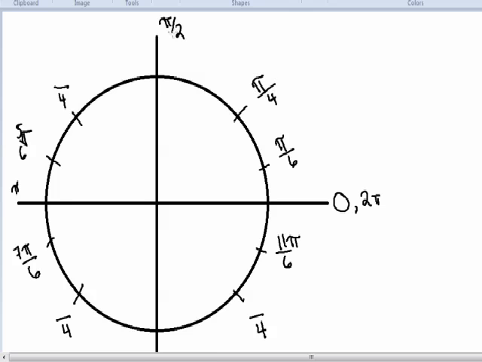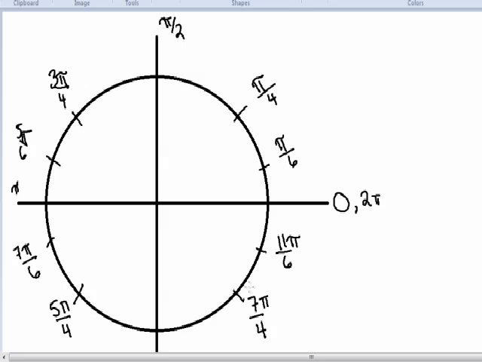And then halfway between 1/2 and 1 is 3/4, so this would be 3 pi over 4. And halfway between 1 and 1.5 would be 1.25, 1 1/4, which is 5/4. And halfway between 1.5 and 2 is 1.75, or 1 3/4, which is 7/4. So notice here that the pi over 4's all just have odd numerators: 1, 3, 5, and 7.